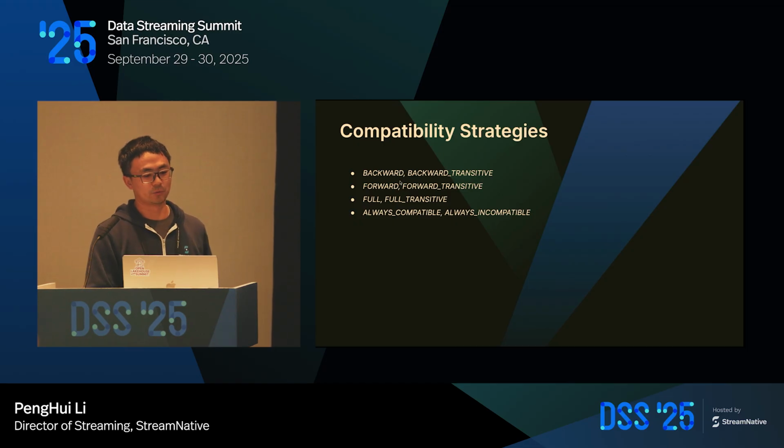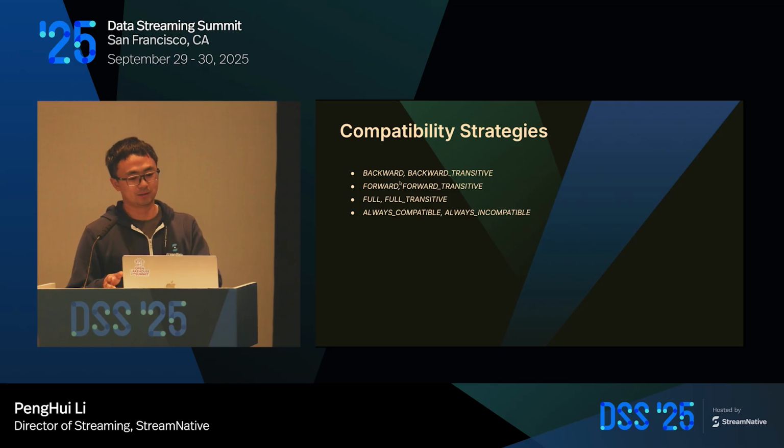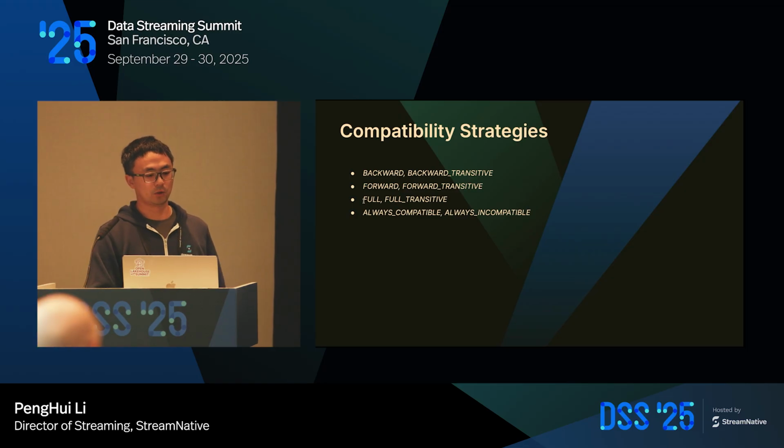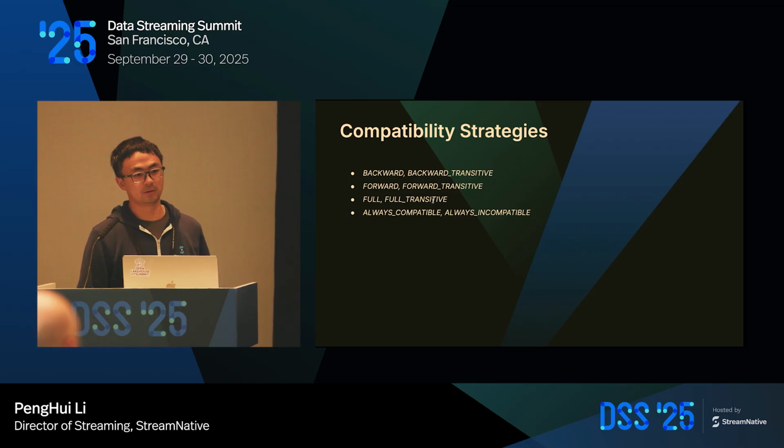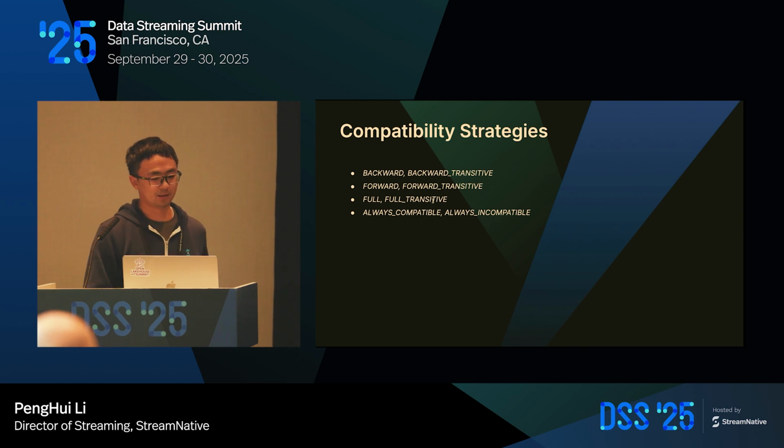And forward transitive means all the data written with your new schema is suitable to be read by the old schemas. We also have full and full transitive, which is a higher guarantee. You need to ensure all the data can be read by both the new schema and the old schema.